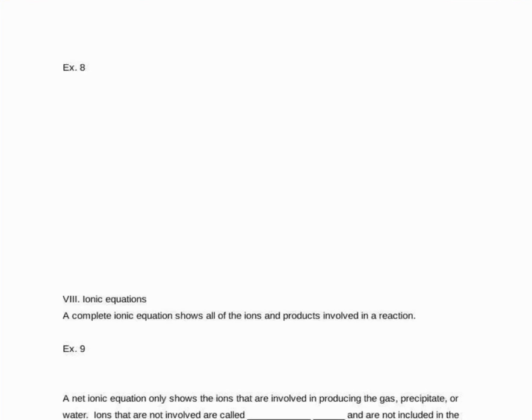So in example 8, there's a lot of space here. What we're going to do is, given two aqueous ionic compounds, we're going to predict the products. We're going to predict their solubility to see if something actually happened or if we just mixed two things in the same container.